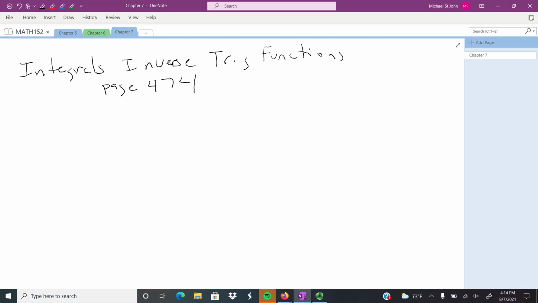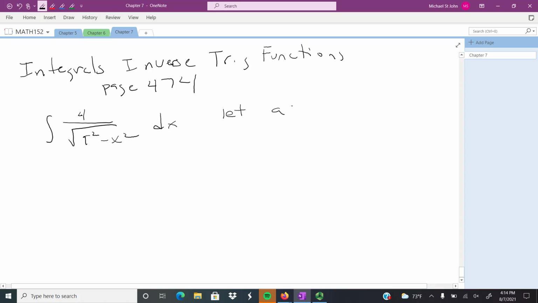So let's say we want to integrate 4 over the square root of 9 minus x squared, okay, dx. So we're going to let a equal 3.